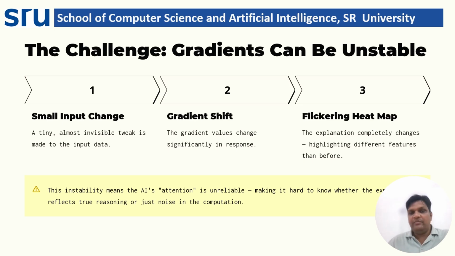The gradient shifts: its value changes significantly in response. Flickering heat map: the explanation completely changes, highlighting different features than before. So the main challenge with gradients is that a teeny input change can shift the gradient and change the heat maps and the explanation completely. This creates flickering reasoning.